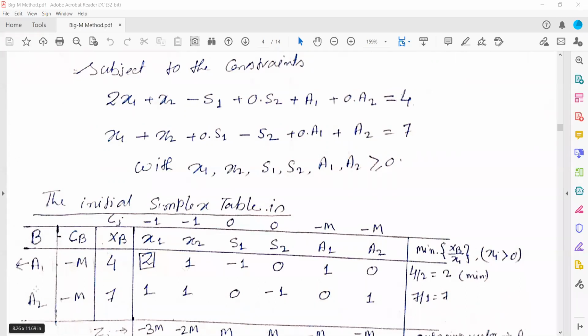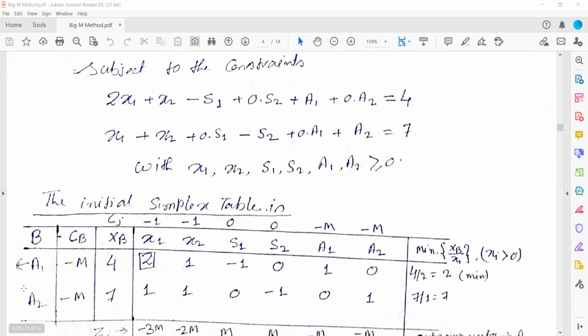No surplus variable will come in the basic variables. And if in a problem some slack variables and some artificial variables are there, then all the slack and artificial variables will come under the basic variable column. No surplus variable will come.